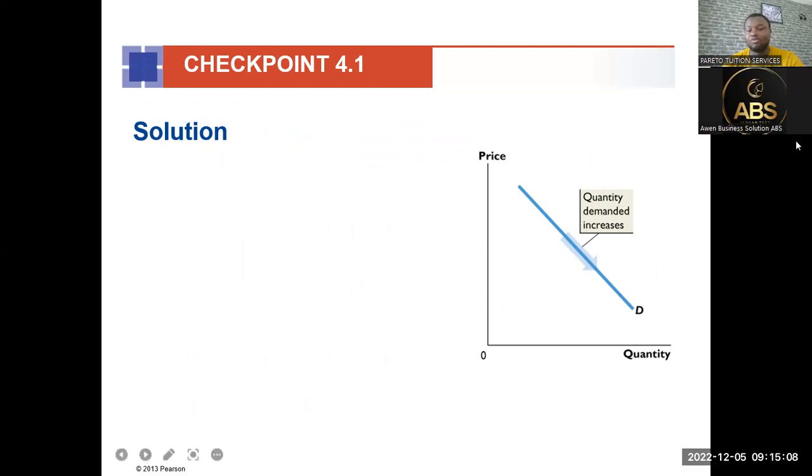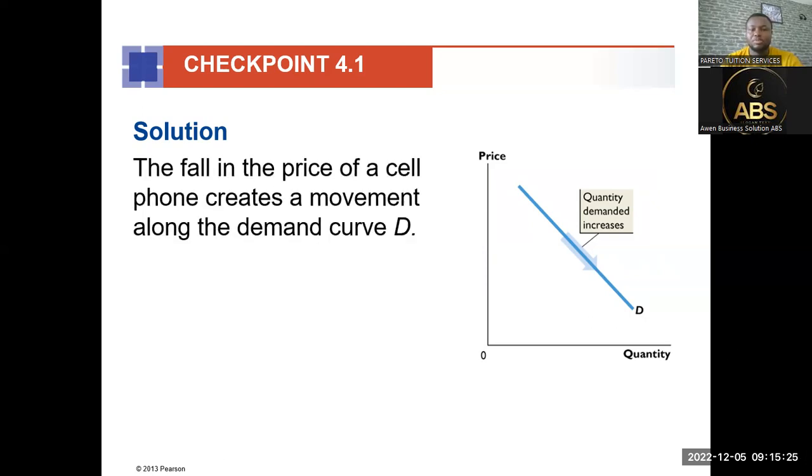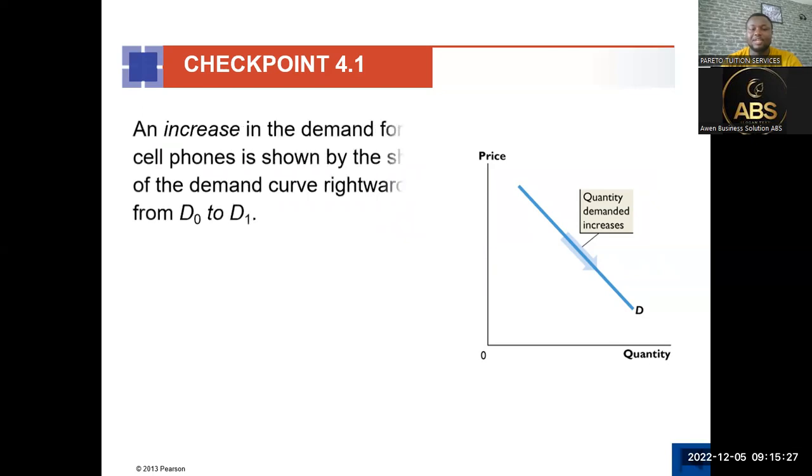If initially we're here, because of the fall in price, we increase the quantity that we buy. So that is going to be the diagram for the first one.